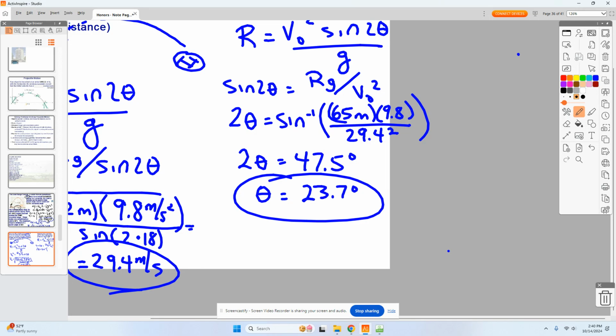Your calculator would not give it to you. You would have to go through and say, my calculator says 23.7, but I'm going to find the other angle by taking a complement. So I'm just going to subtract that from 90, and I get 66.3. So the other angle that would also get me there is 66.3 degrees. Both of those angles will get there.